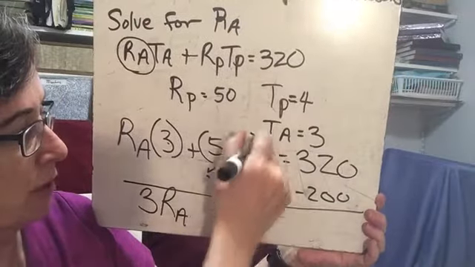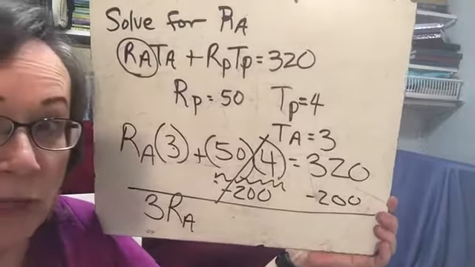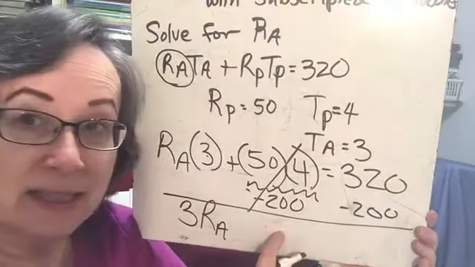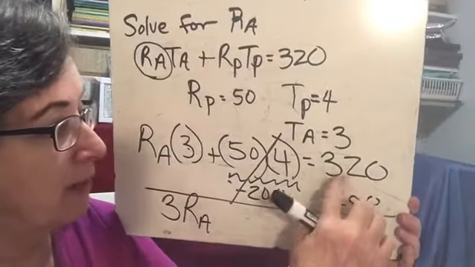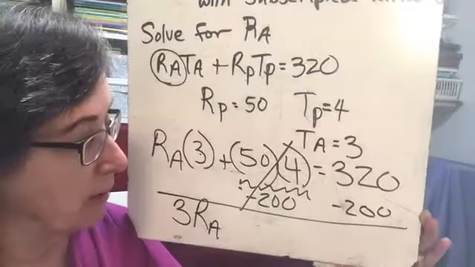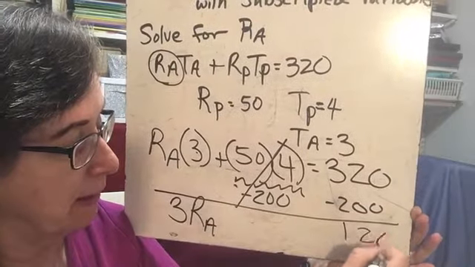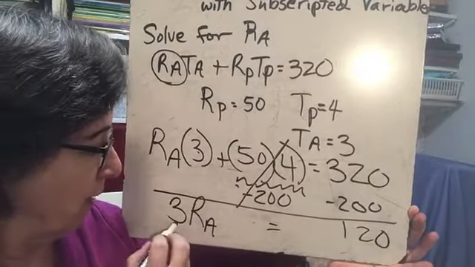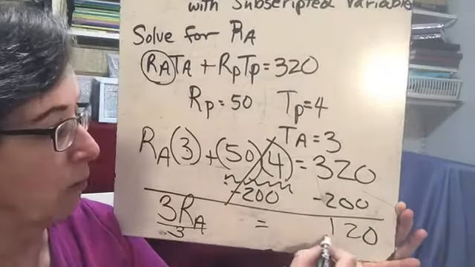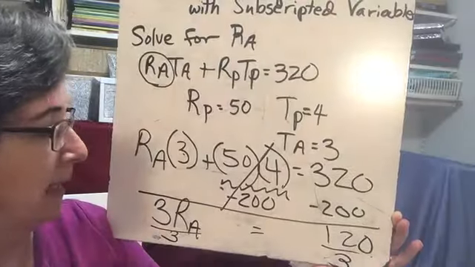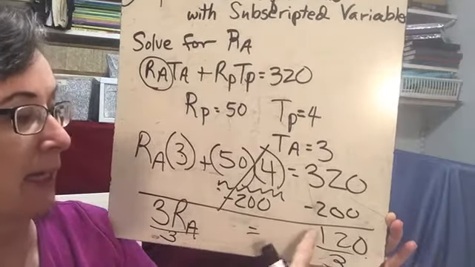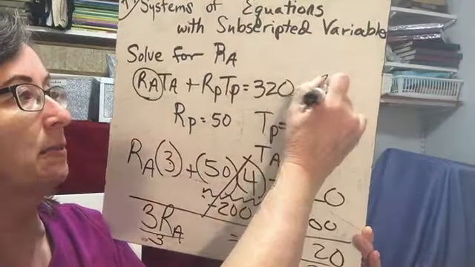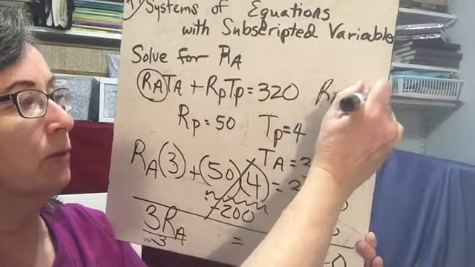And then the 200s go out. 50 times 4 is 200 minus the 200. And then 320 minus the 200 is 120. So we get 3 times RA is 120. We divide by the extra 3 that we don't want there on both sides. And R sub A is 40.